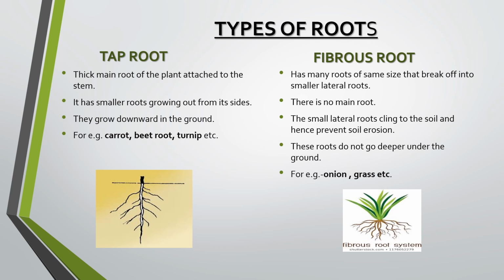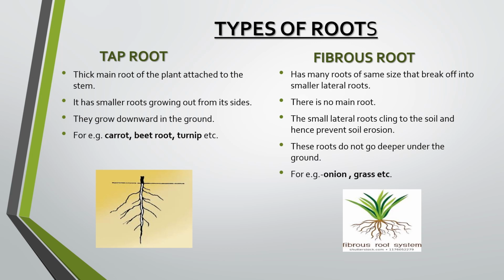Next is fibrous root. Now, in case of fibrous root, there is not a single root. There are many roots of the same size that break off into small lateral roots. In the case of taproot, it was a single root and many smaller roots arise from its sides.